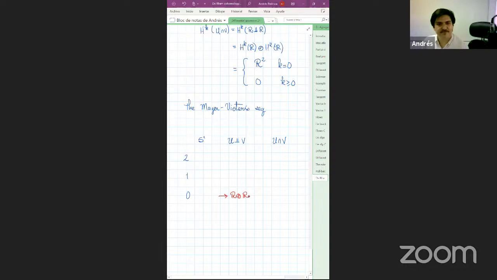Right? This one, for U, is R, and for V is R. This is something that we, well, I'm sorry, we know this one. What is that one? The circle is connected. So H0 of the circle is the reals. Right, and now U intersection V is something that we just computed, like this.